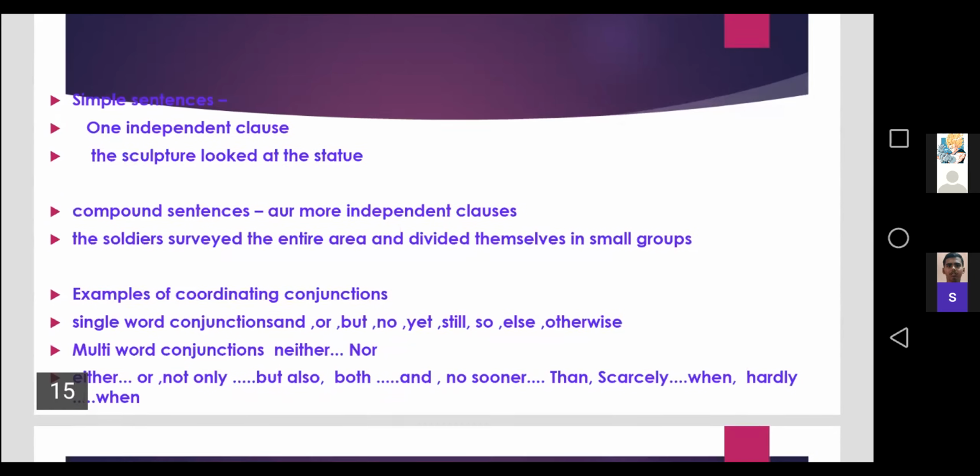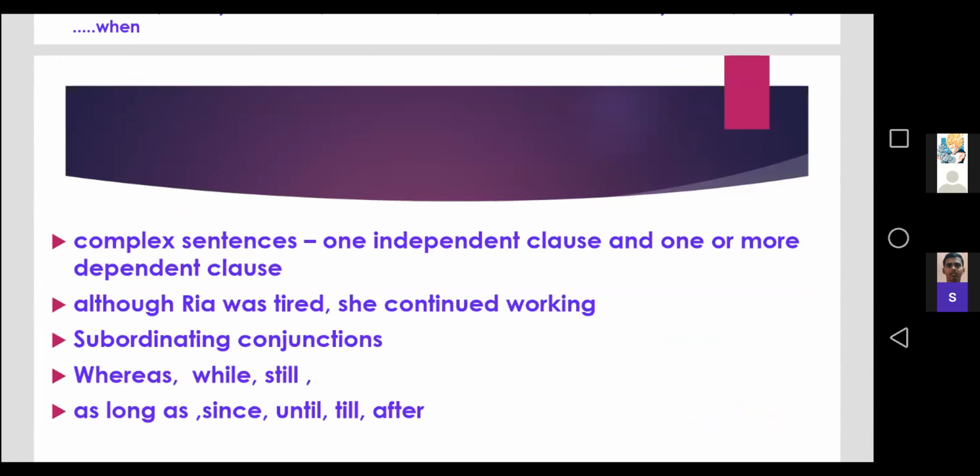So first of all, what are complex sentences? Complex sentences contain one independent clause and one dependent clause. So how are they joined to each other? They are joined by conjunctions only, but what type of conjunctions? Subordinating conjunctions.